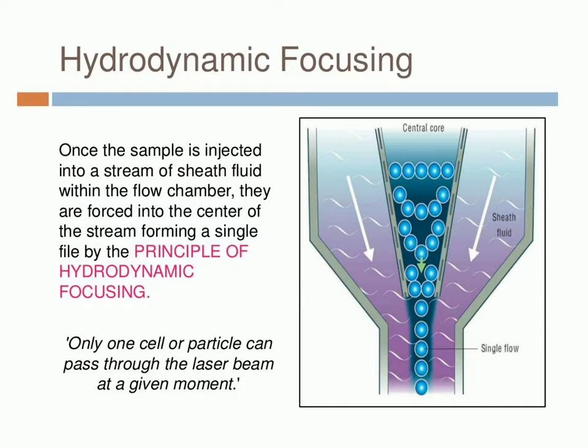Hydrodynamic focusing. That is the basic principle. Once the sample is injected into a stream of sheath fluid within the flow chamber, the cells are forced into the center of the stream, forming a single file by the principle of hydrodynamic focusing. In hydrodynamic focusing, only one cell or particle can pass through the laser beam at a given moment.